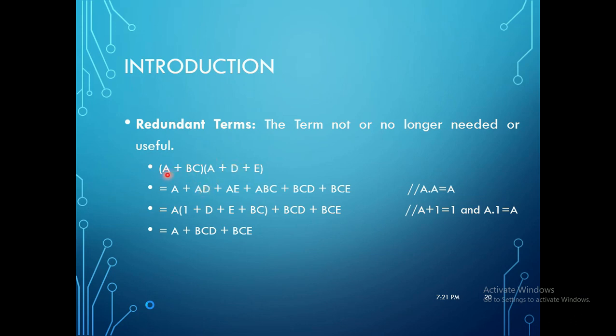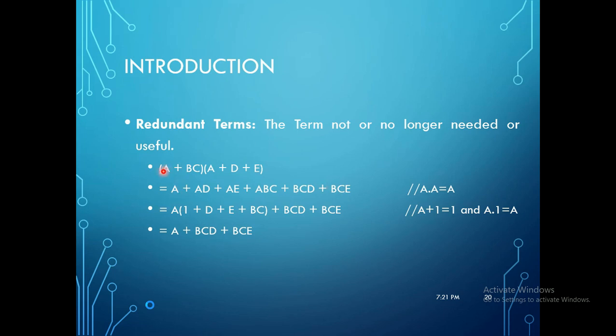Next you write A into E, which is AE. A is being multiplied with every term. Next, let us take BC. ABC into A becomes ABC. Next you have BCD. Next you have BCE.